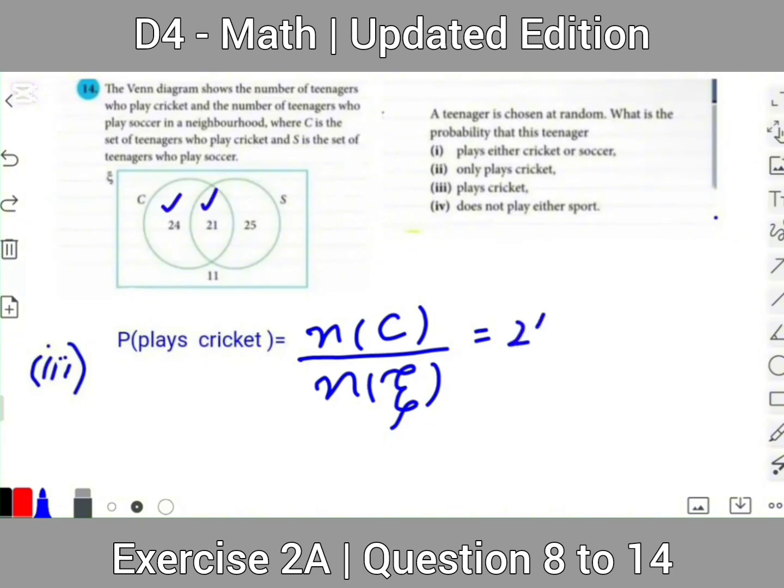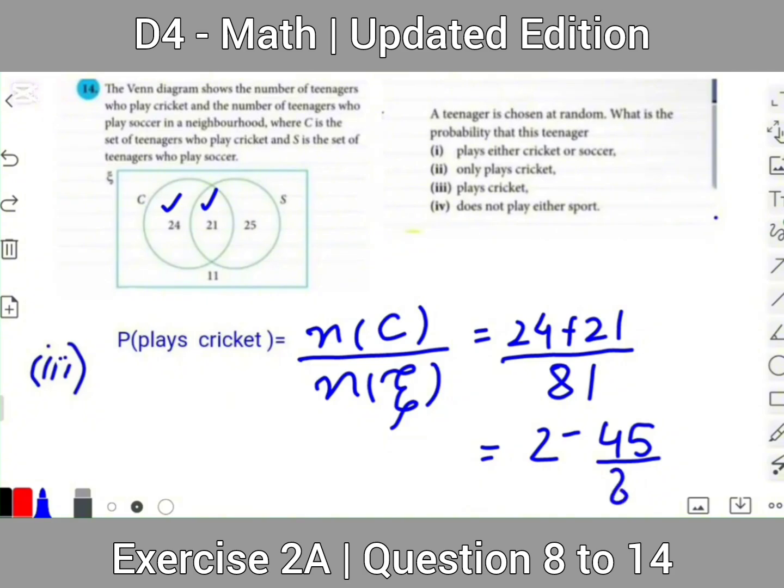So 24 plus 21 is divided by 81, and it gives us 45 over 81. So the probability that the teenager plays cricket is equal to 45 over 81.